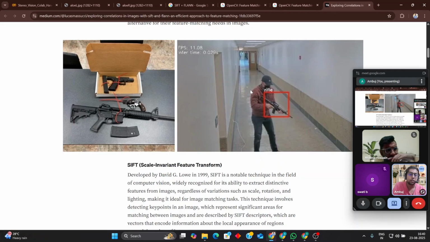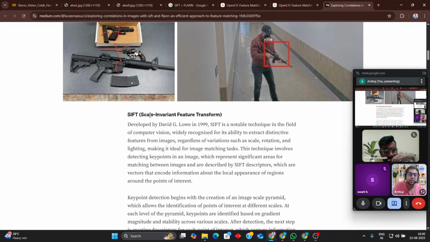SIFT is the Scale Invariant Feature Transform. It was developed in 1999. It's a notable technique in computer vision where you perform feature extraction from the image. Converting an RGB image directly to a black and white image is also a feature transformation.